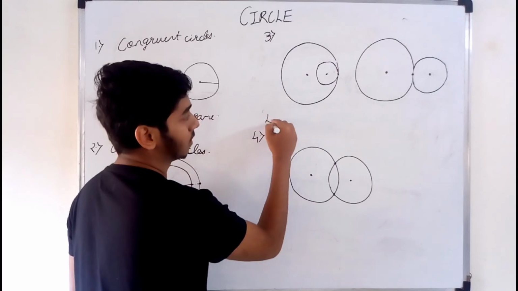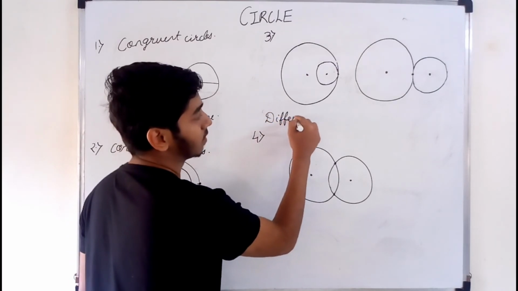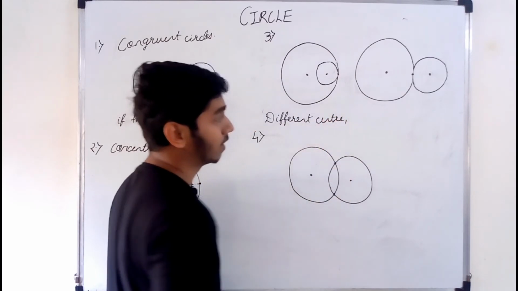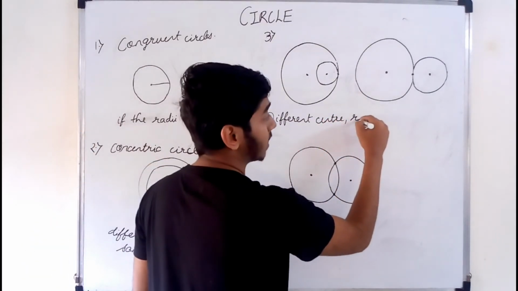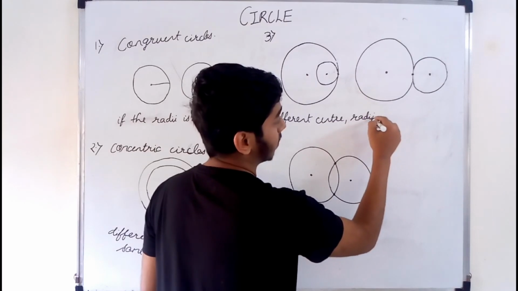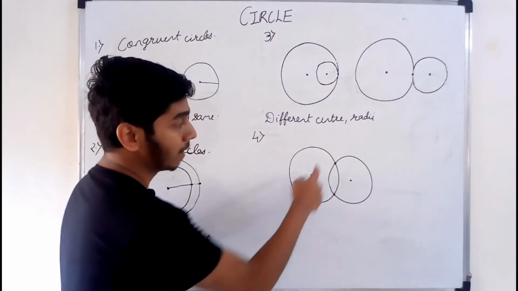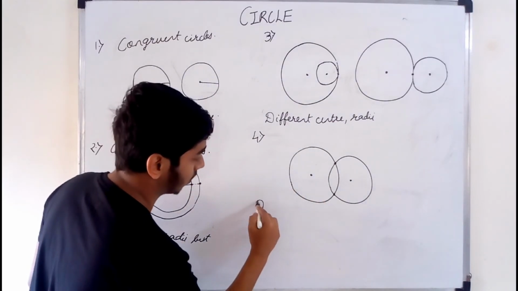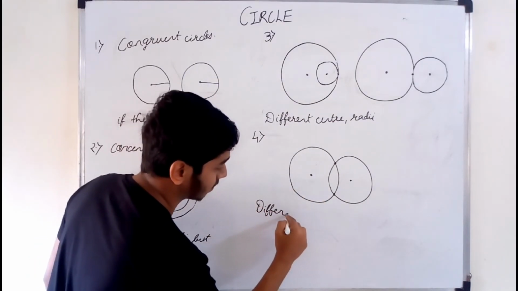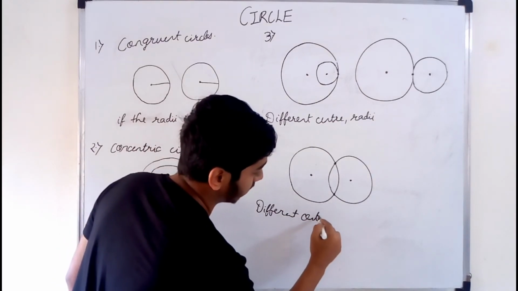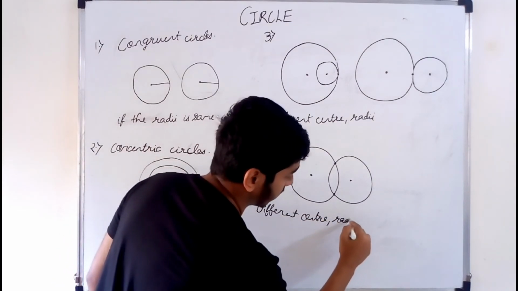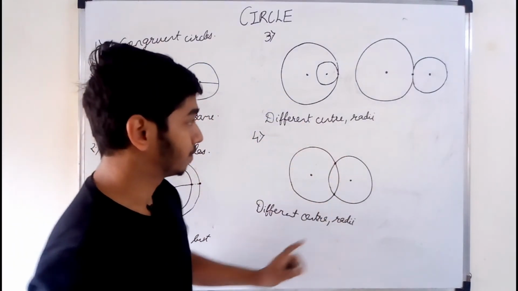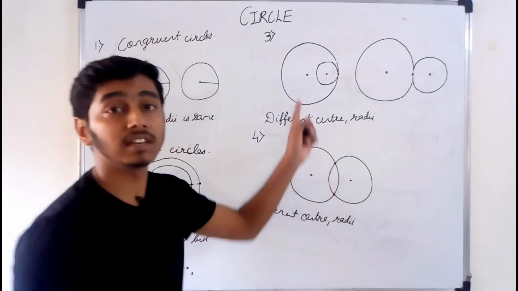This says different center as well as different radii. The same holds for this one also: this is a bigger circle, this is a smaller circle, so again different centers as well as radii. But what is the difference?